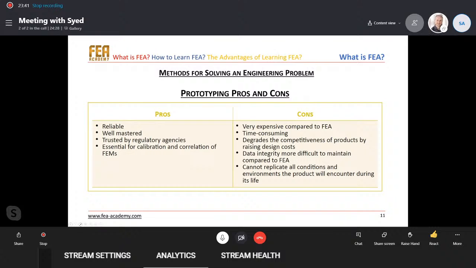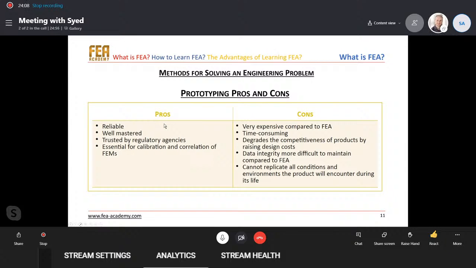So here I want to present the advantages and the disadvantages of prototyping. First, the advantages of prototyping, the experimental methods: they are reliable, well mastered, and they are trusted by the regulatory agencies. And on top of that, they are essential for the calibration and the correlation of the FEMs.